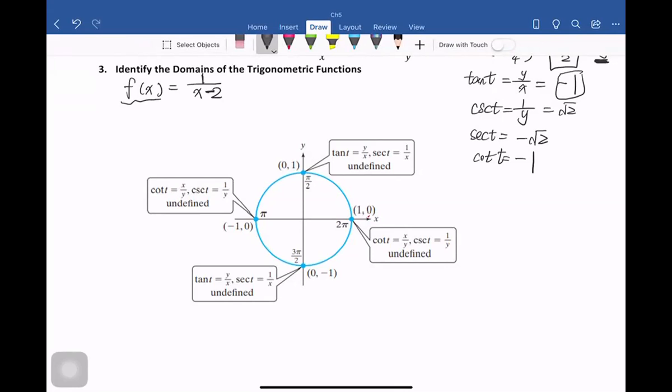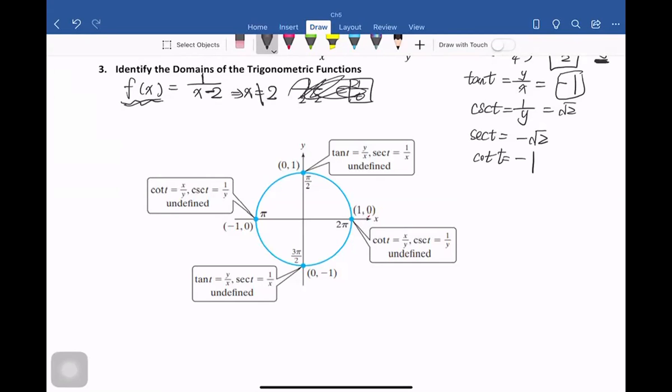We can't choose that. If x equals 2, the function is 1 over 2 minus 2, that's 1 over 0, which is undefined. So I can't have x equals 2. x can be any real number, but x cannot be equal to 2.